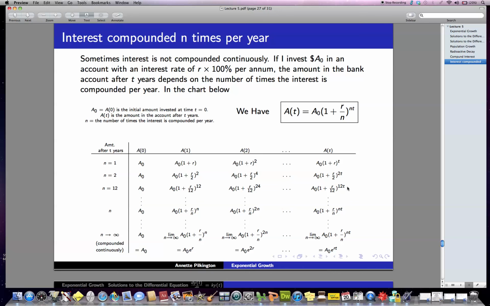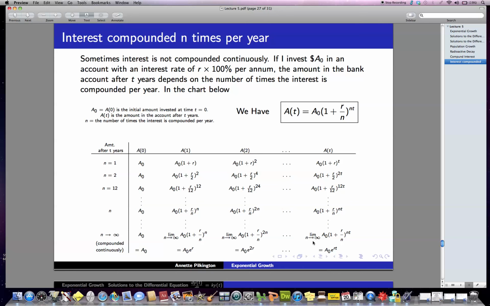And now, if interest is compounded continuously, that would mean that interest is calculated n times per year, and that n is very, very large. So we let n go to infinity to find our formula for interest which is compounded continuously.